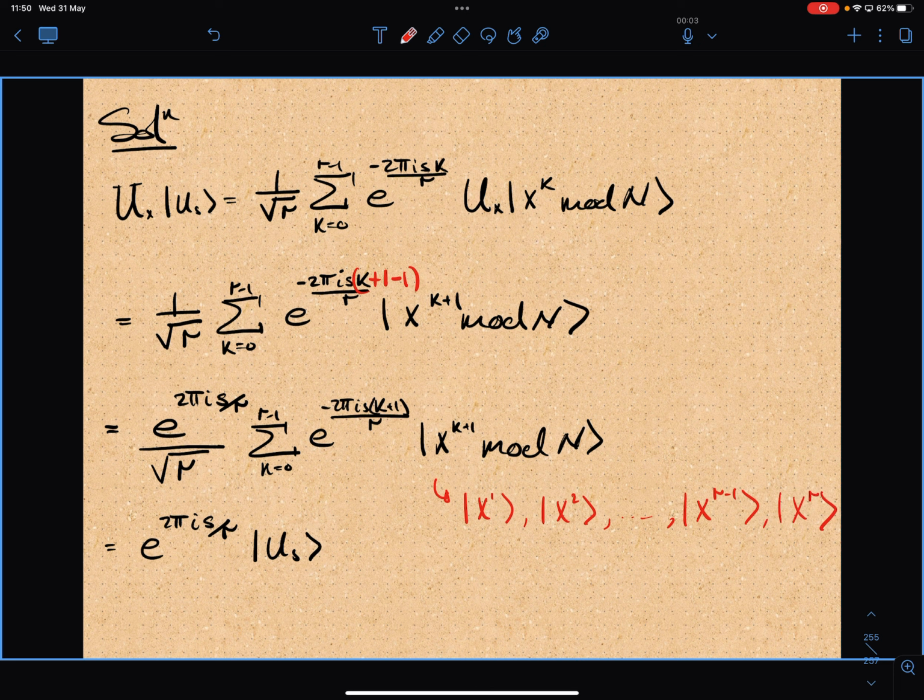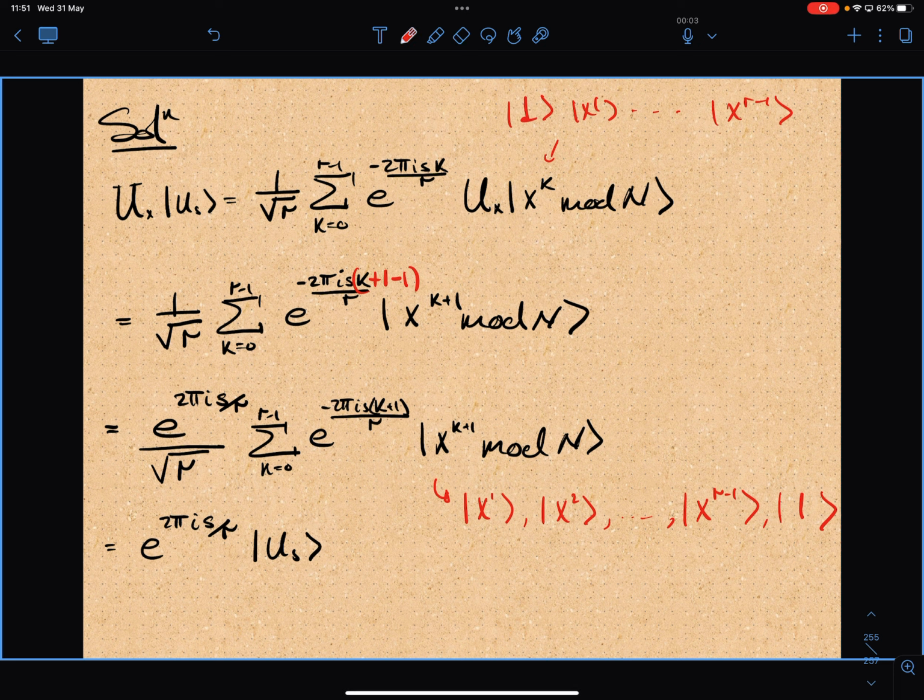Whereas before it was x^0, x^1, up to x^(r-1). But the trick here is that the order of x is r. So this x^r is equal to 1, and this x^0 is equal to 1.